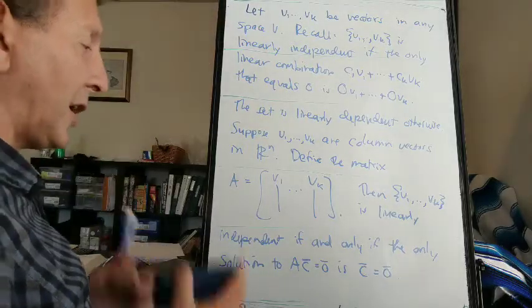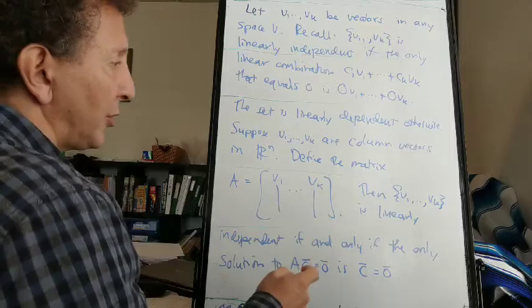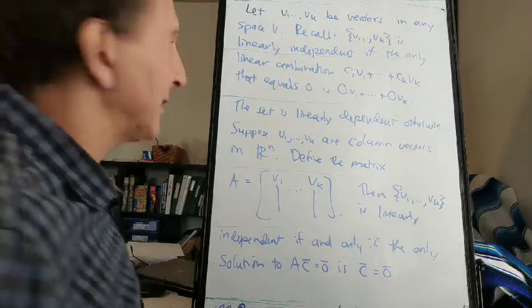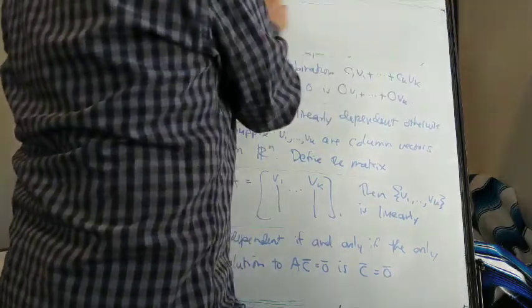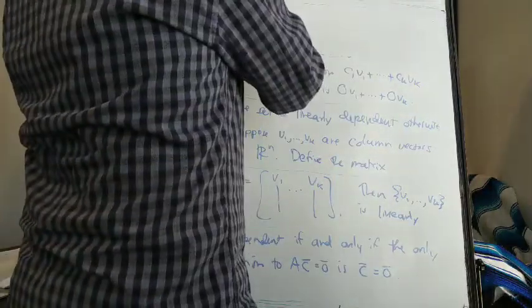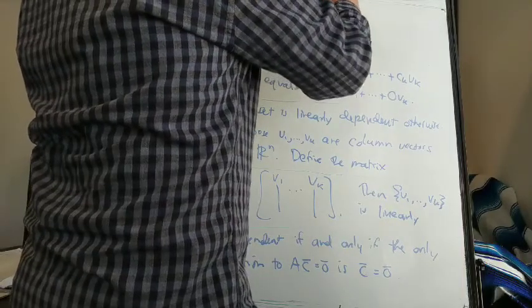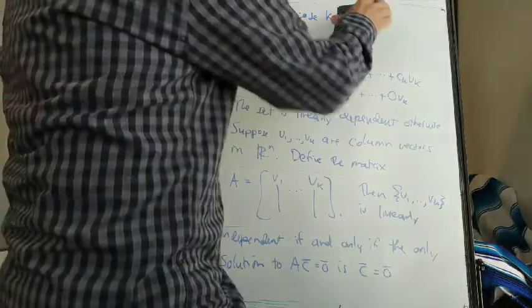Now there's a couple special cases that are worth pointing out. K could be greater than n, it could be equal to n, or it could be less than n. Actually, let's do the special case k greater than n first.